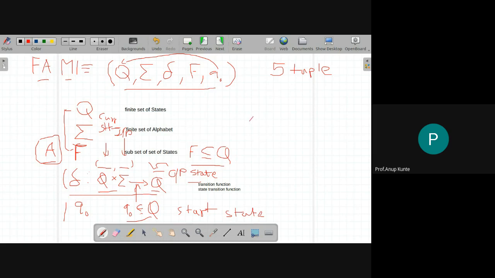Now, if I am in state Qi and I see an input A, suppose, then when I decide to change my state to Qj, this will be shown graphically like this. And this will be shown mathematically as delta with input Qi and A will result in Qj. So this is how it is indicated.